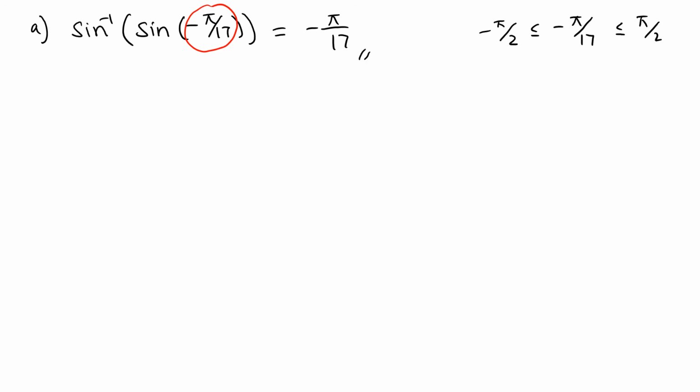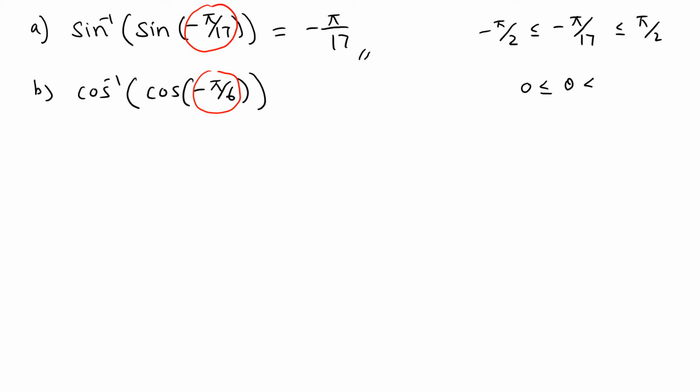Let's look at the next one. We have cosine inverse cosine of negative pi over 6. Here the angle is negative pi over 6, but the cancellation property does not work for this problem, because for cosine inverse the angle has to be between 0 and pi, and that's not the case. So you cannot cancel.